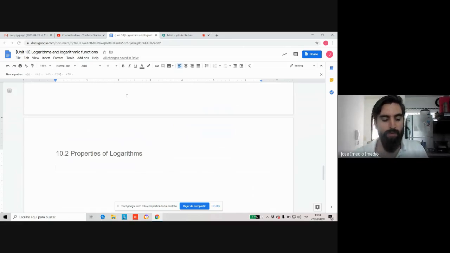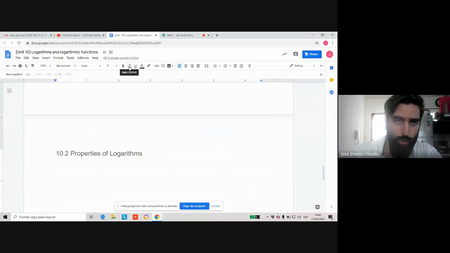If you remember when we were learning in the second bimester, I think, about exponents and radicals, before writing each one of the properties I would say, okay, for a larger than 0 and for whatever. It's the same here.